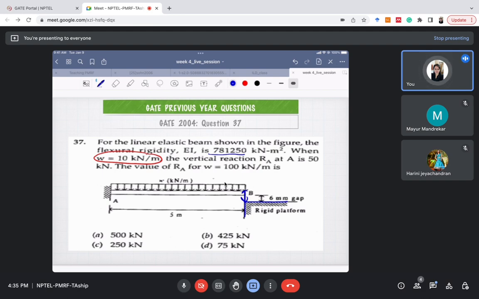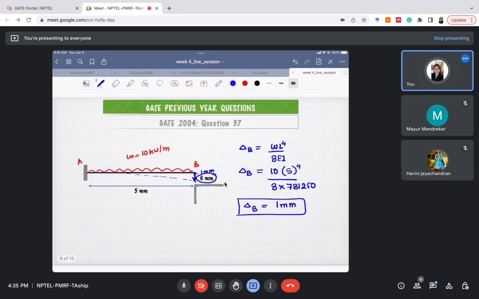So this rigid platform is not playing any role in case 1, so it is not affecting our answer. For case 1 we are getting 1 mm, so it is simply a cantilever beam with a UDL.